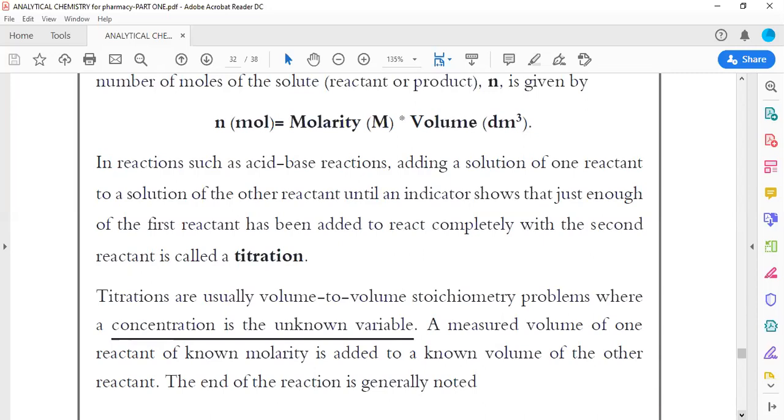A measured volume of one reactant of known molarity, be careful here, measured volume, so we know the volume, of one reactant of known molarity, is added to a known volume of the other reactant. The end of the reaction is generally noted.